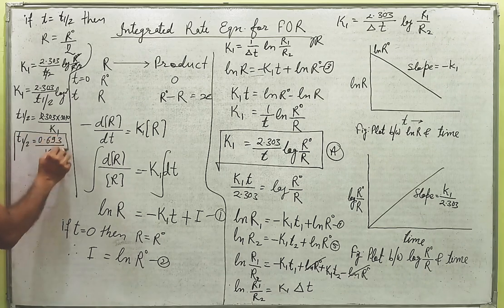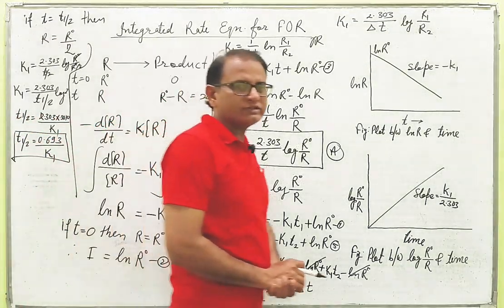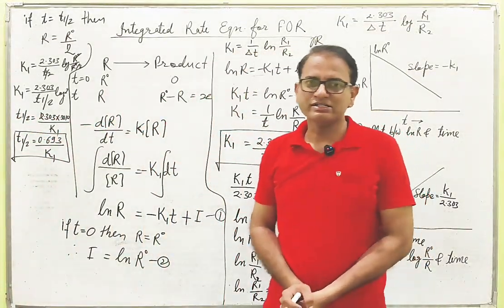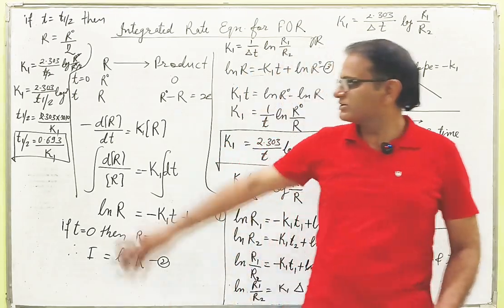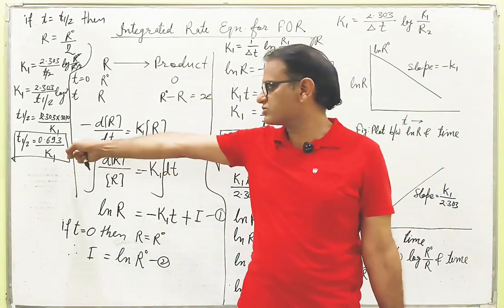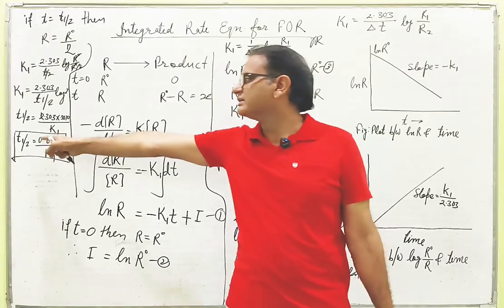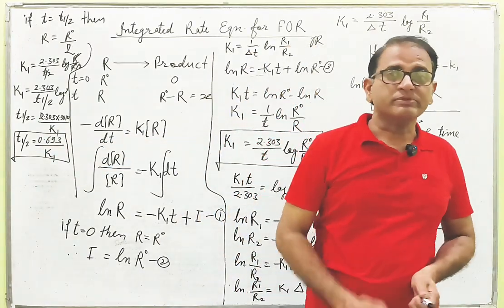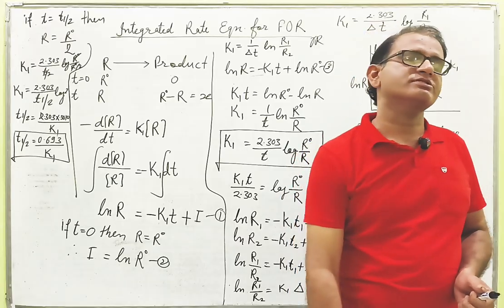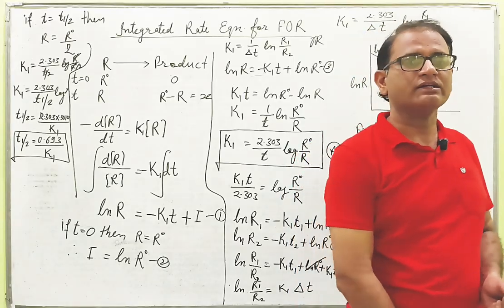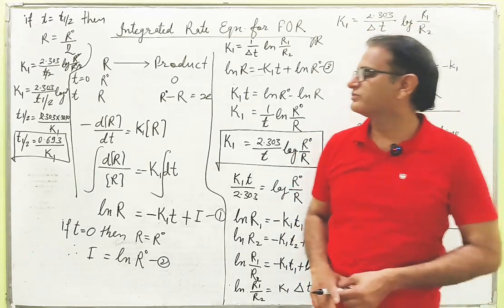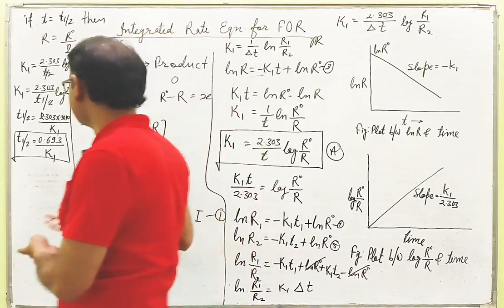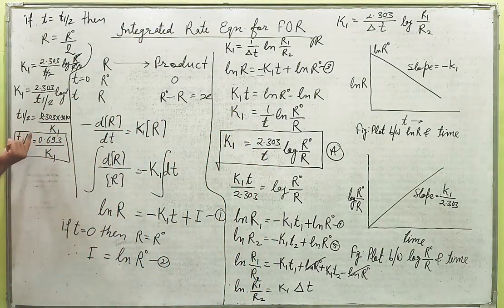So from this equation we can calculate the half life of a first order reaction. Am I right? So this is quite easy, and this is proving that the half life of a first order reaction does not depend upon the initial concentration of a reactant. Whatever the reactant concentration is, the half life will be same for a particular reaction.